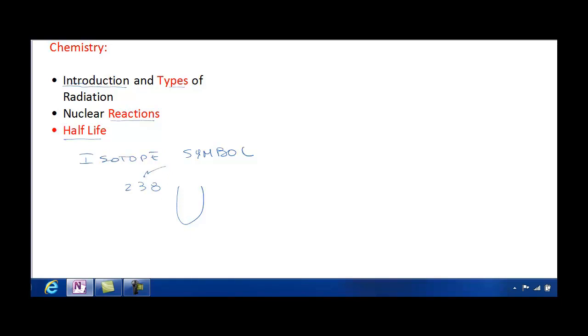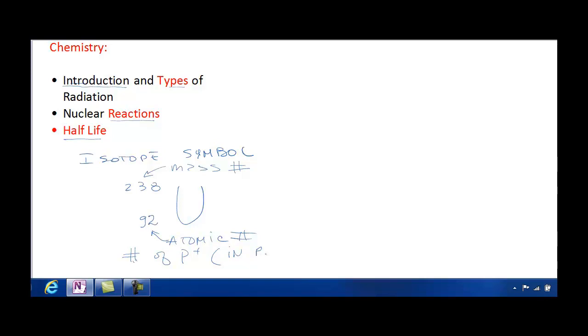The mass number. Very good. And if it's uranium 238, what do I put down here? 92. And why do I put a 92? What does a 92 mean? That's the atomic number. Is the atomic number in the chart? Yes, it's in the chart, and it represents number of protons.